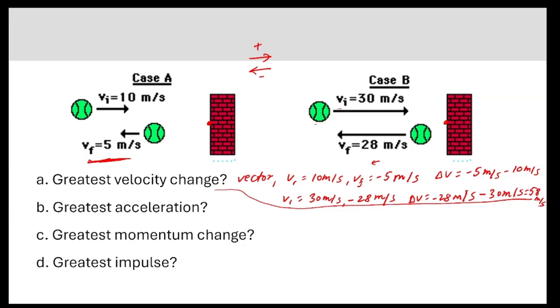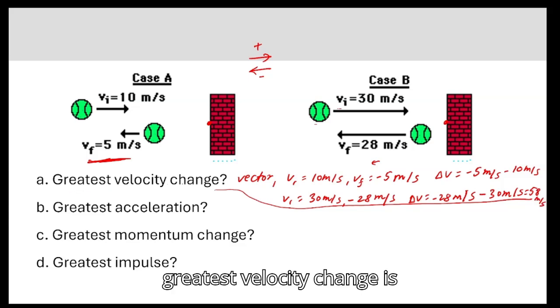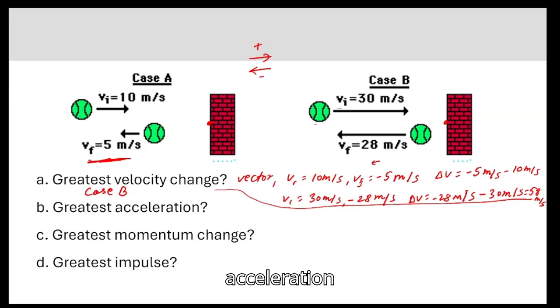So the greatest velocity change is in case B.